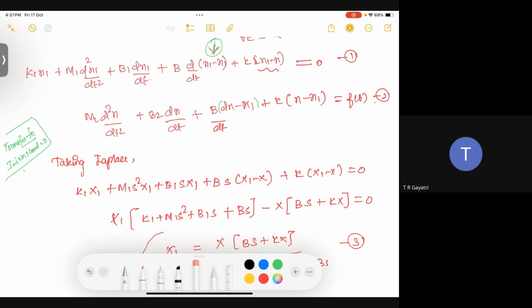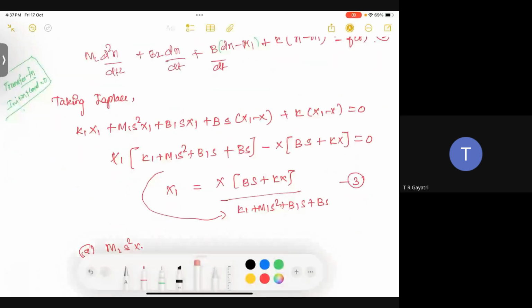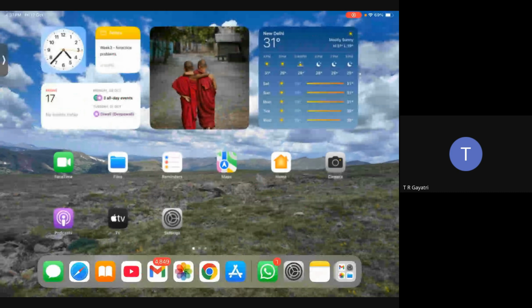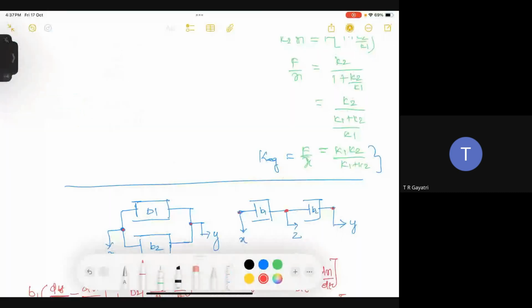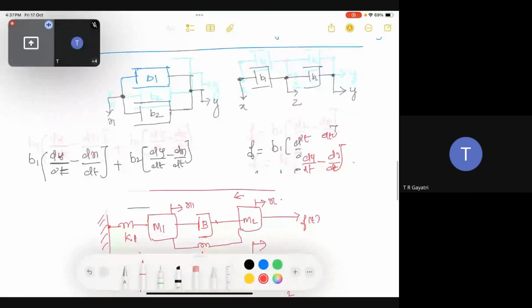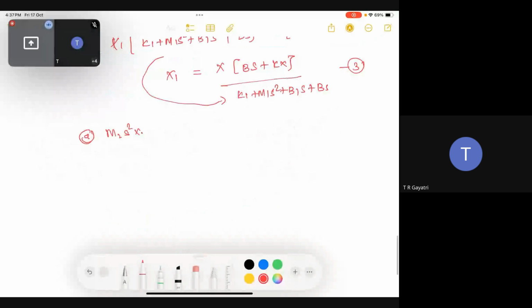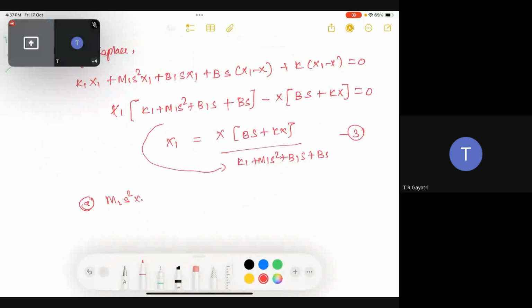Every time I'm making this mistake. Is my screen visible? Yes, ma'am. Okay, right.